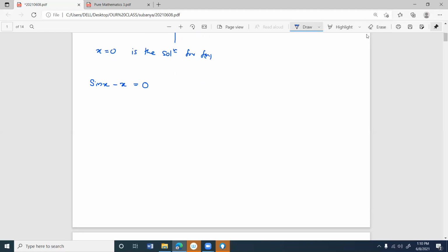For this kind of situation, I will consider sin x minus x as a function: f(x) equals sin x minus x. Then I'll substitute the values for x.